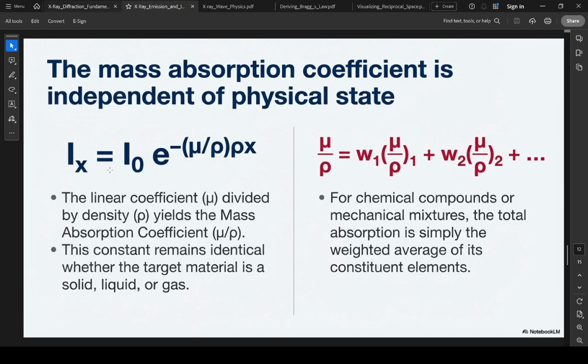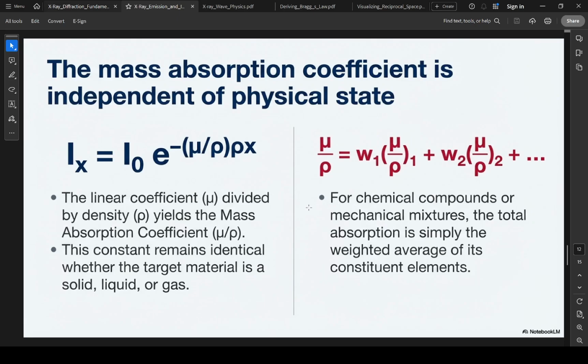So we can calculate the intensity exiting the material compared to the incident intensity as Ix equals I naught e to the power minus (mu by rho) times rho x, where mu is your linear absorption coefficient, and when divided by density, it gives us the mass absorption coefficient mu by rho, and this remains constant independent of whether the target material is solid, liquid, or gas.